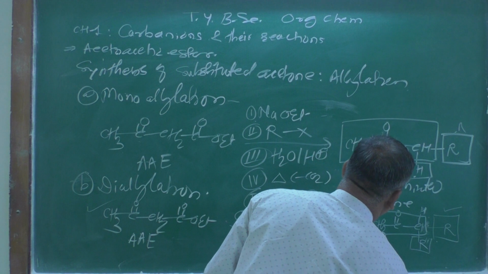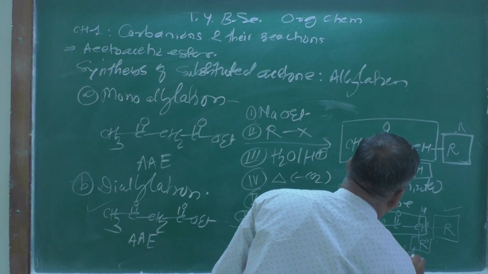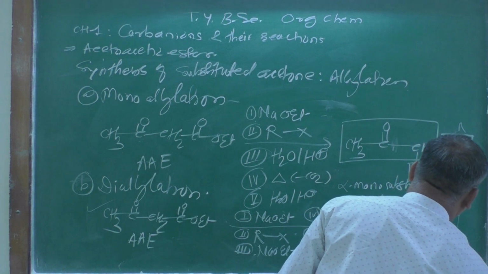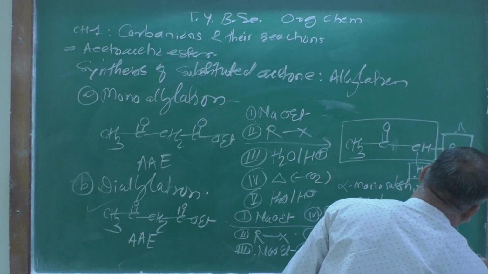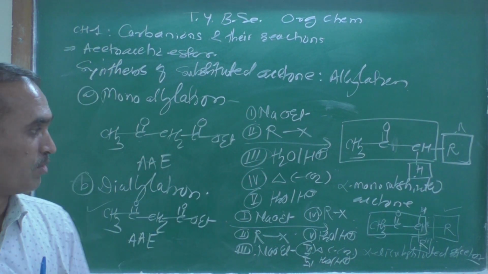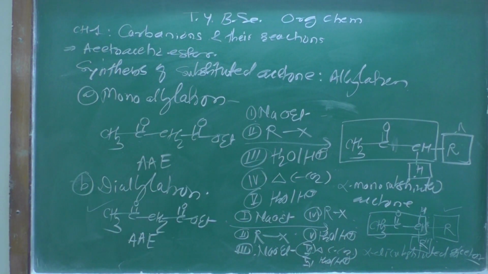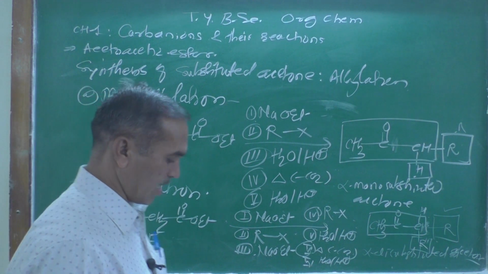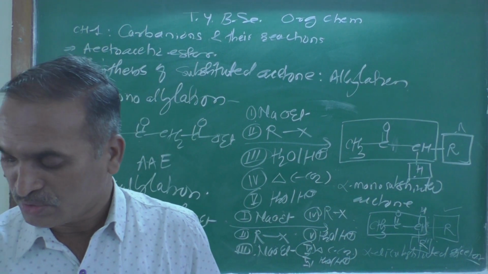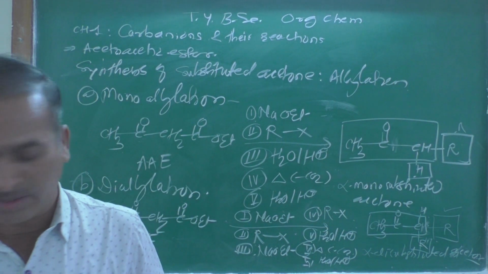So in this way we can prepare this dialkylation, or this is an alpha disubstituted acetone. This is an alpha disubstituted acetone. So this is what we can call it. In this way we can prepare monoalkylation as well as dialkylation in the laboratory using this method.